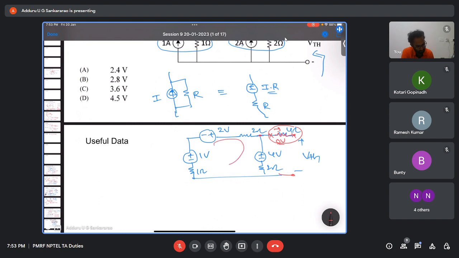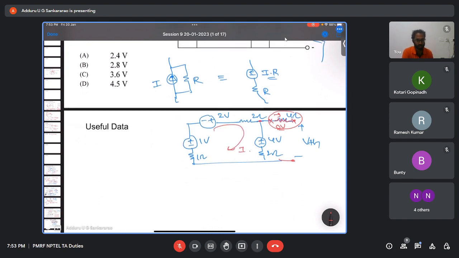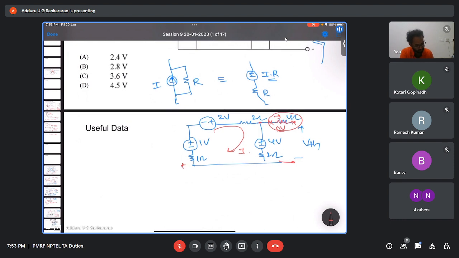Now in this, let us assume some current, and apply KVL. Let us assume the current direction this way.